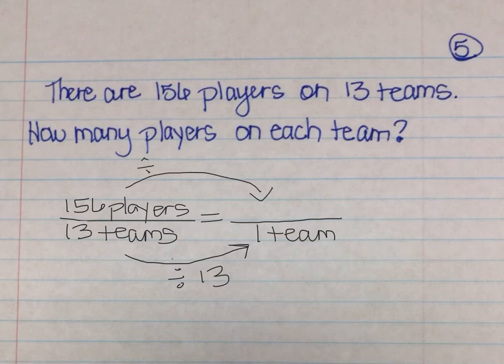Divide by 13. When you divide 156 by 13, you come up with exactly 12 players. So the answer will be 12 players are on each team. Okay, and you can write all that out. I'm not going to take the time to do that. All right? Okay, last one coming up.